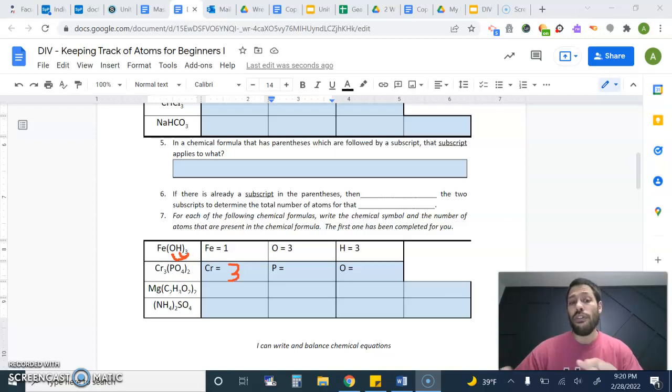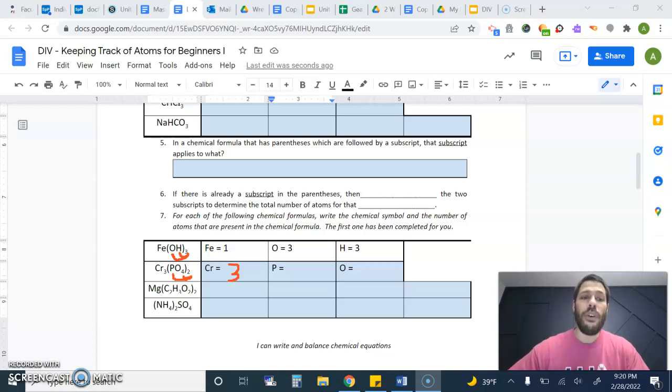Now, my PO4 is in my parentheses. Again, there's a 2 on the outside, so that 2 gets distributed out to everything within the parentheses. Now again, distributing means multiplying. So I have a 4 attached to my O, and it gets multiplied times 2.